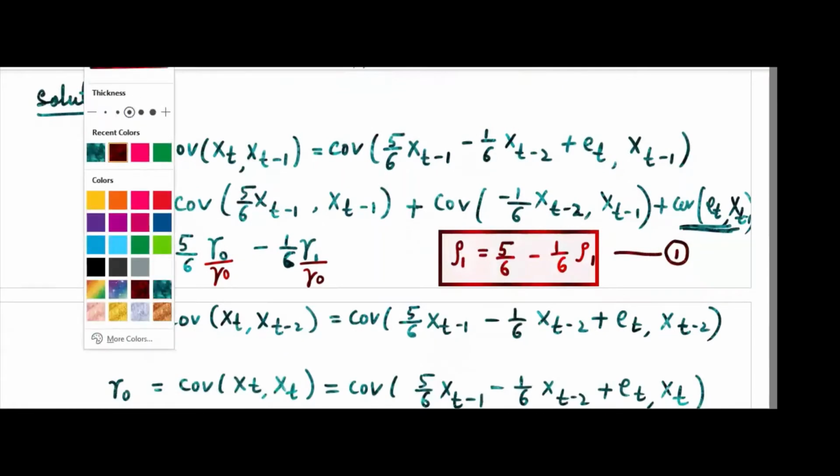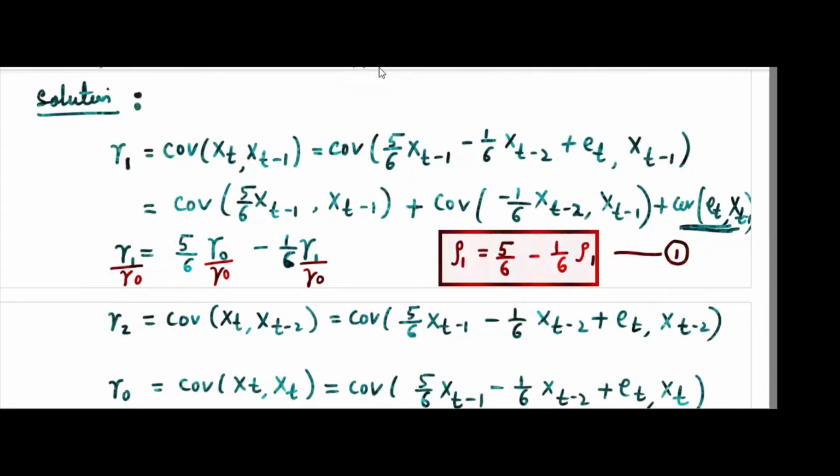Similar to this, we'll find gamma 2 here. Now if you check this one with this one, this will give you gamma 1, because there is a lag of 1. If you check with xt minus 2, it will give you gamma naught, and there is no link between et and xt minus 2.